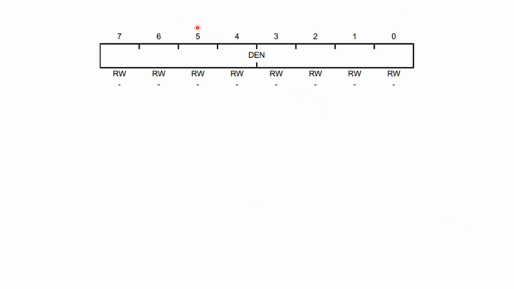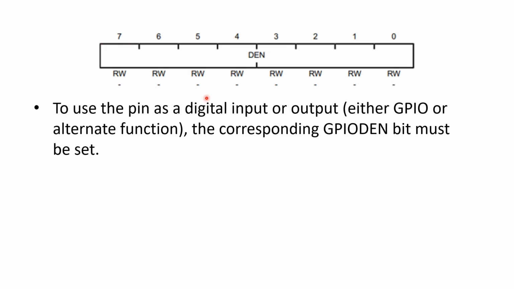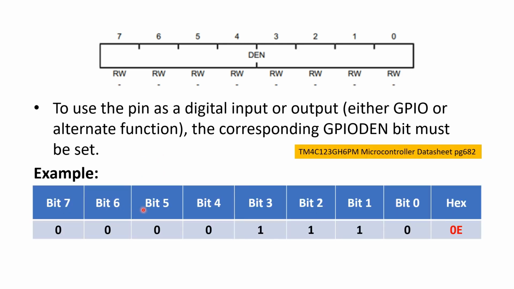So let's zoom in here. To use the pin as a digital input or output operation, the corresponding bit must be set. So let's have a look at this example. In this example, bit 1, bit 2, bit 3 are enabled because they're set to a 1.